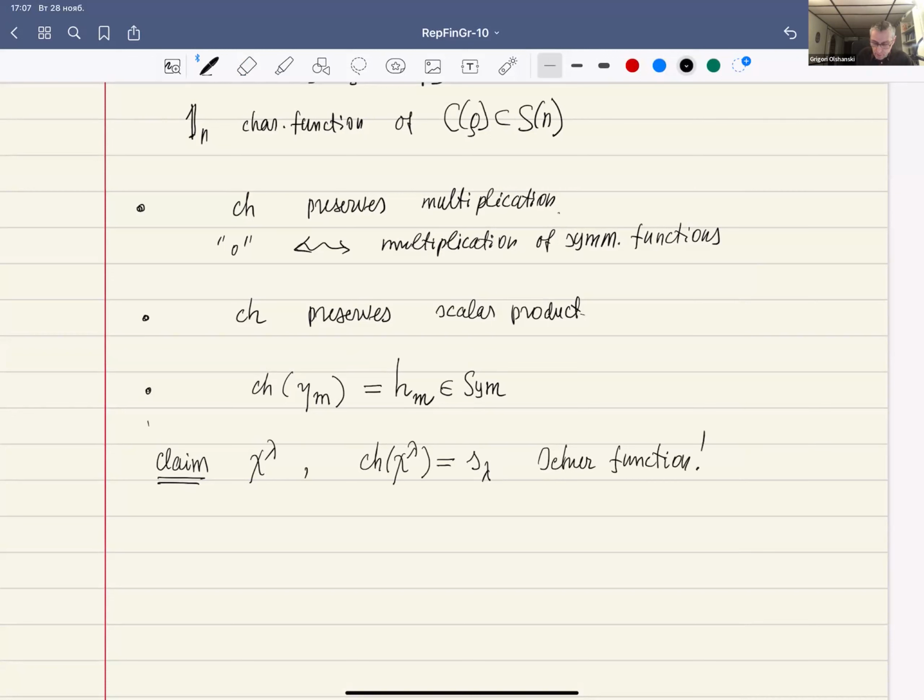This is a very, very important result. So the proof. Why? I recall that this object is defined as this determinant with respect to this special multiplication, by definition.